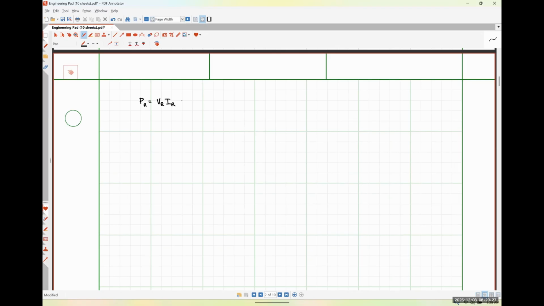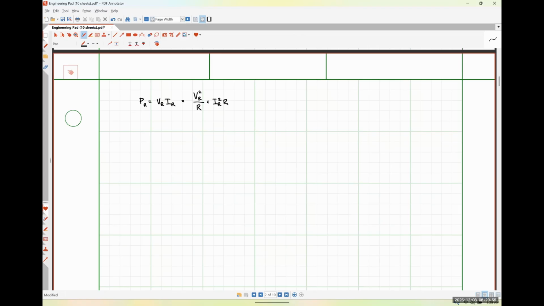Using Ohm's law, I can say that the current flowing through my resistor is just V over R. So I could rewrite this as the voltage drop across my resistor squared divided by my resistor value itself. Or I could write it as the current flowing through my resistor squared multiplied by my resistor value. So these are three different ways that we can calculate the power absorbed by a resistor.